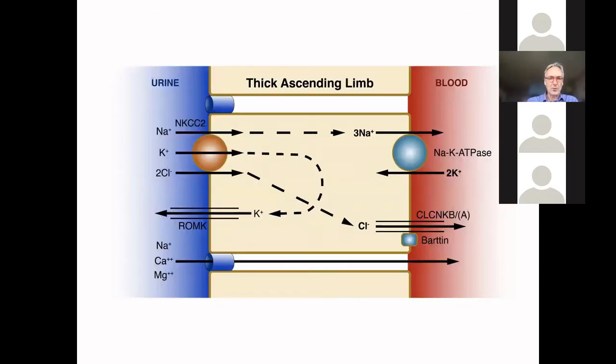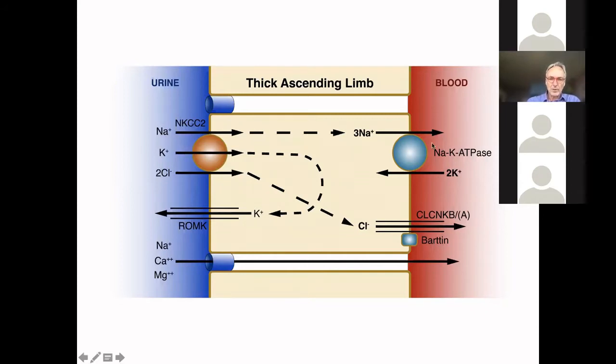And as I said before, this is a disorder of the thick ascending limb. And again, on the basolateral side, you have the engine that drives it all, that establishes the electrochemical gradient for sodium, which is then used here by the apical sodium potassium 2-chloride cotransporter NKCC2 in order to bring sodium, potassium, and 2-chloride in.